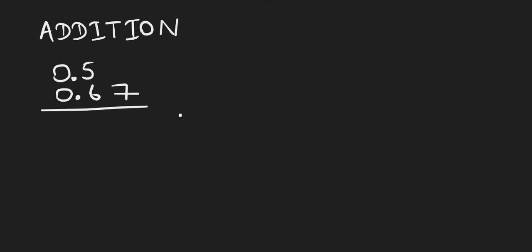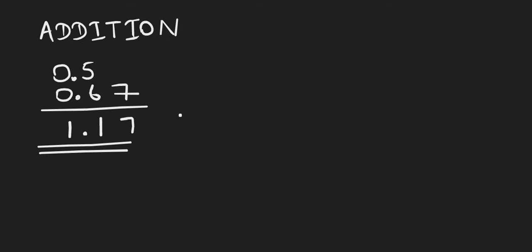Now let's add. 7. 6 plus 5 is 11. We put 1. 0 plus 0 is 0. We can write 1 because we carried 1 from 11. Now there should be 2 decimal places after the whole number because 0.67 has 2 decimal places.